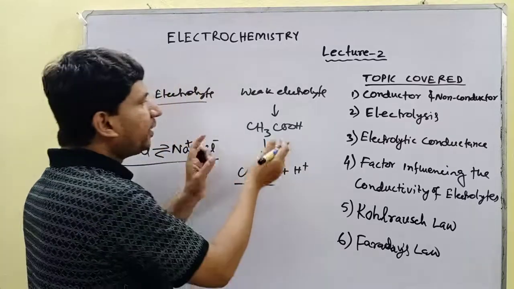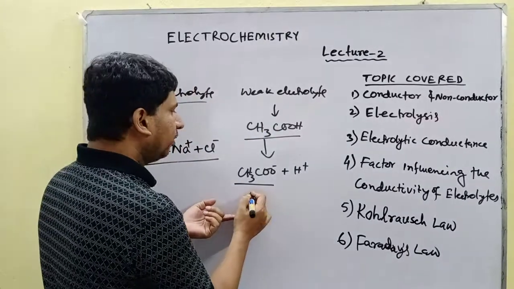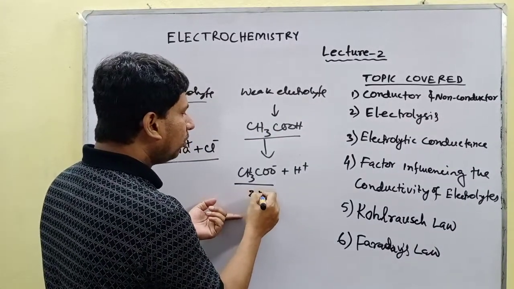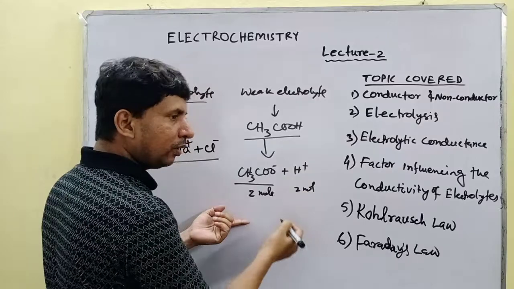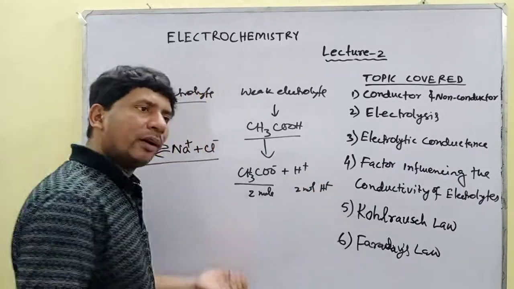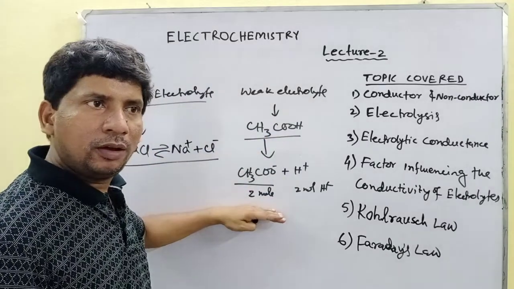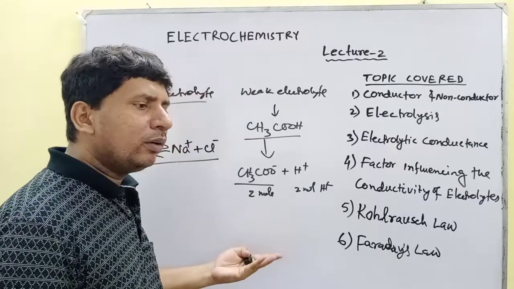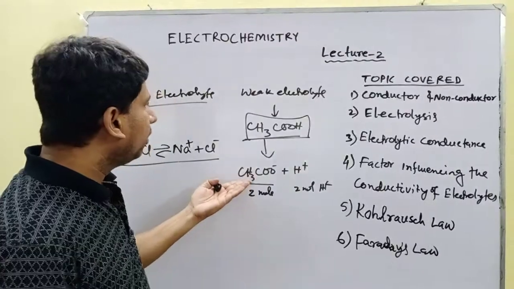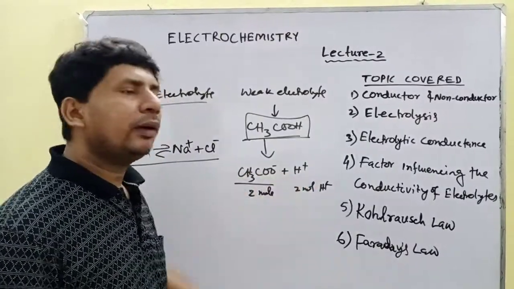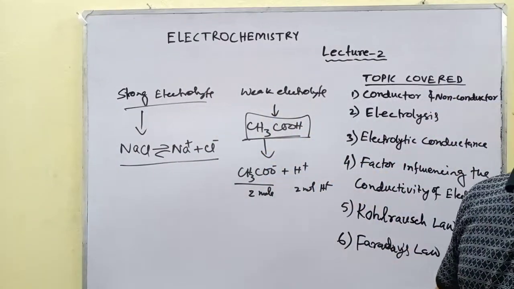If we take 100 moles of acetic acid and get only 2 moles of acetate or 2 moles of H plus ion, then among the 100 moles only 2 moles dissociate, or 3 or 5 moles in this way. From 100 moles of acetic acid, we are unable to get 100 moles of acetate and 100 moles of H plus. This type of electrolyte is known as a weak electrolyte.